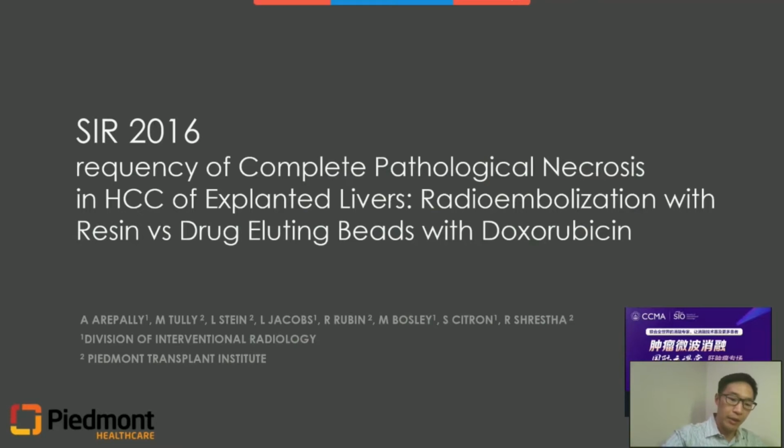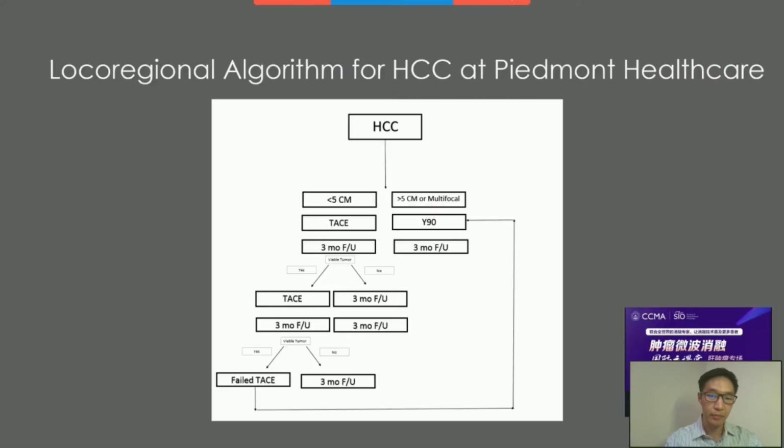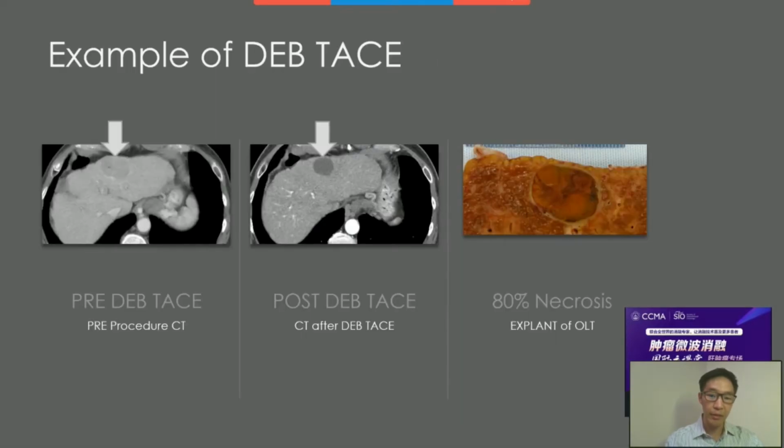In this study by the Piedmont Group in Atlanta, Georgia, headed by Professor Arvind Arapalli, what they had done was look at patients with HCC explanted tumors and compared SIRT resin microspheres with drug-eluting beads to see which tumors actually responded better. In their paradigm, what they had demonstrated was that when patients were undergoing DEB TACE, there was a significant amount of residual disease.